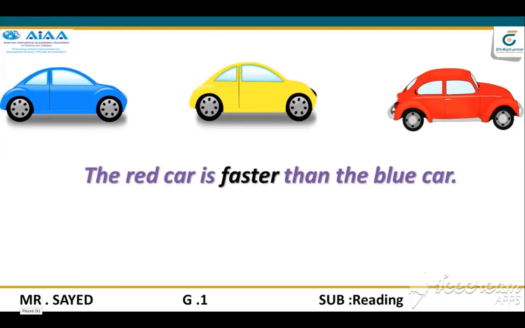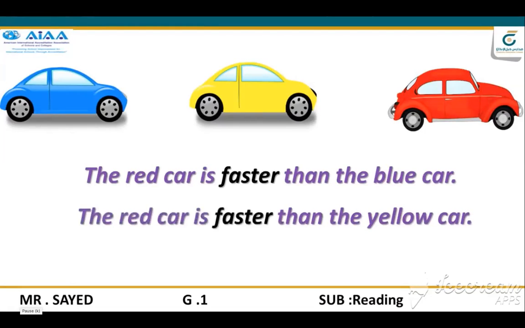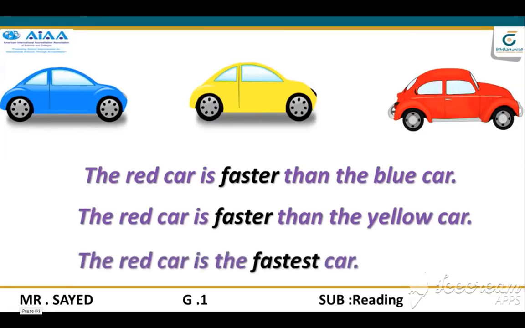We can say that the red car is faster than the blue car. Would that be true? We can assume that because it's in the lead. We can say the red car is faster than the yellow car. Would that be true? We would think so because it's ahead of them. So we can end with the statement of the red car is the fastest car.